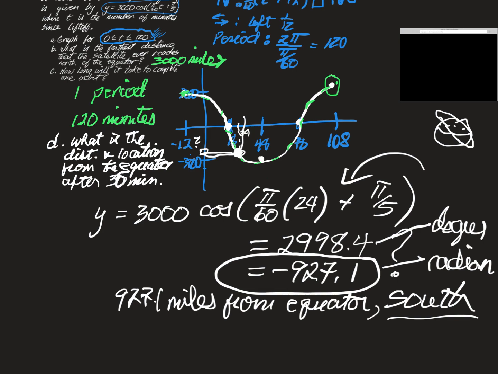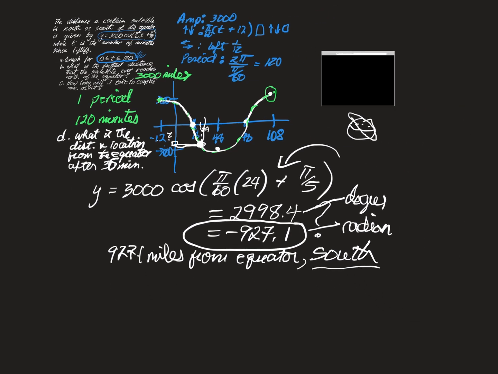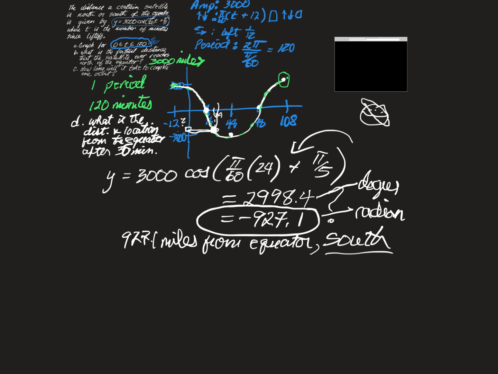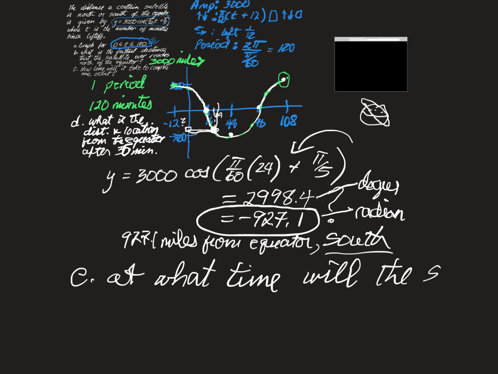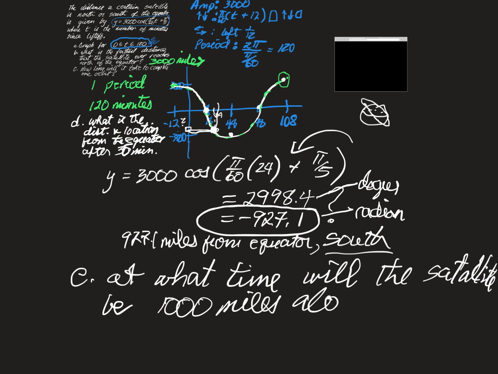So here's another question that we could ask, continuing this problem. Question E, at what time will the satellite be 1,000 miles above the equator?